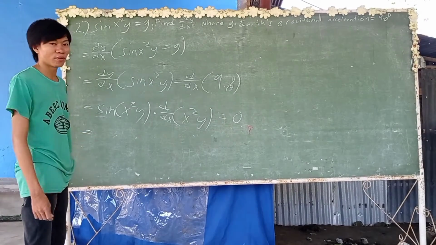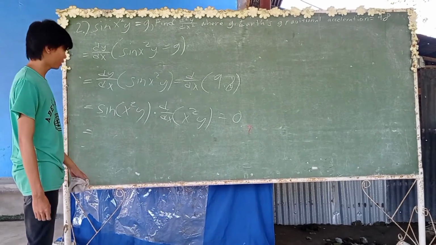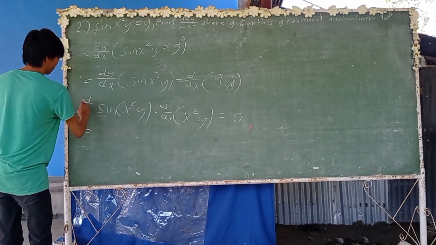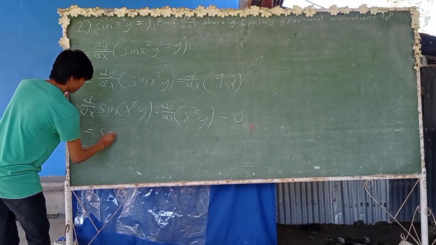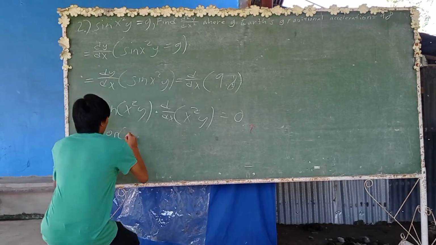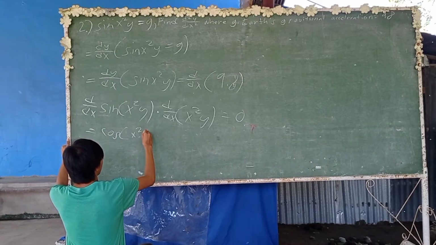The derivative of a trigonometric function sine is cos of x squared y.